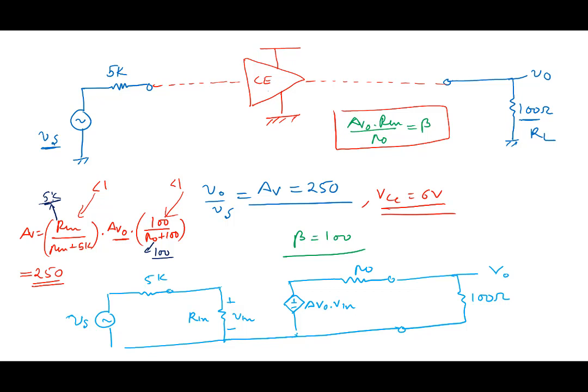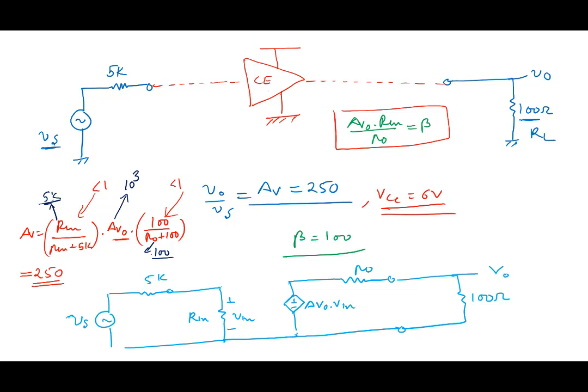You try something, it doesn't work, you learn from it, you try again. Suppose I use 5K and 100. Then this factor becomes half, this factor becomes half, and therefore this has to be 250 into 4, a factor of 4. So I will have to choose 10 to the power 3, with 5K and 100 ohms.